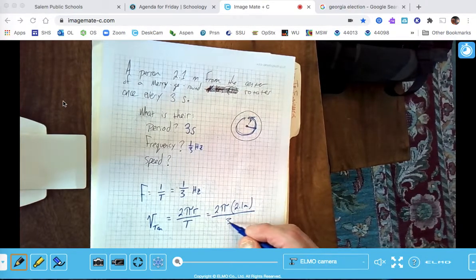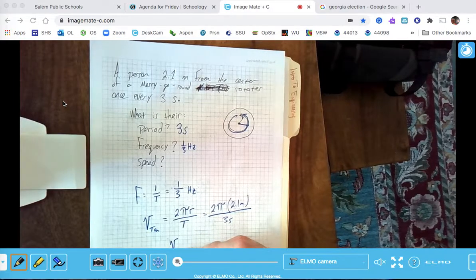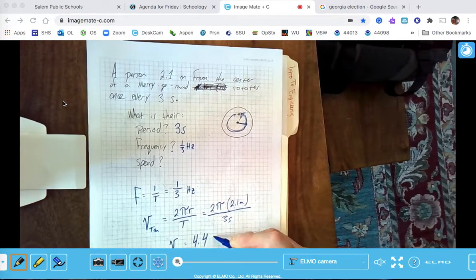It takes 3 seconds. So you bust out your calculator, 2 times pi times 2.1 divided by 3, and I get a speed, this person is going 4.4 meters per second.